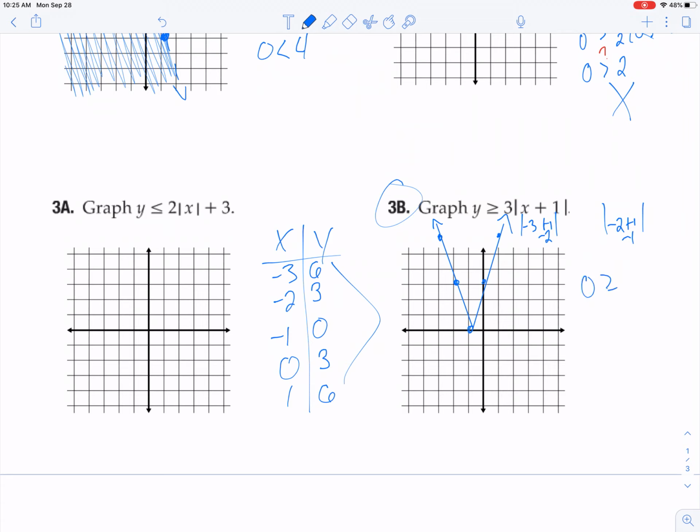Is 0 greater than 3 times the absolute value of 0 plus 1? Well, 0 plus 1 is 1, and the absolute value of 1 is 1, and 1 times 3 is 3. Is 0 bigger than 3? No. So in this case, I'm going to shade inside, oops, like that.